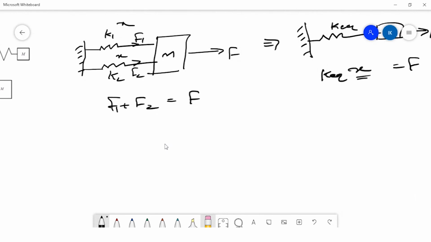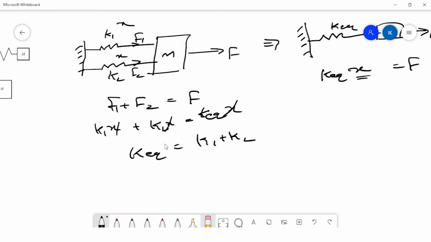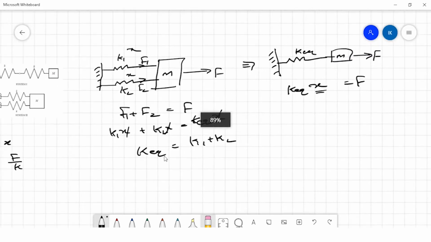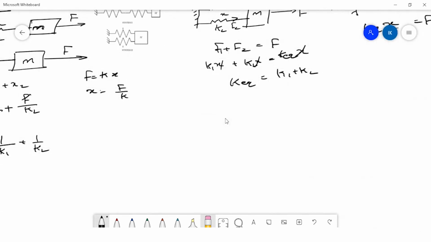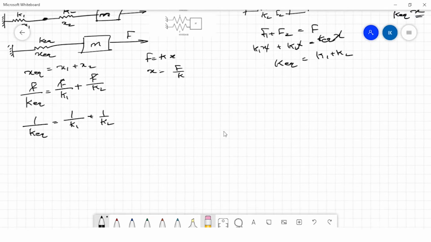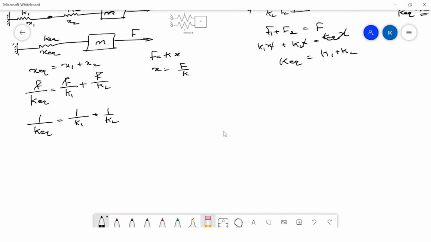Therefore, F1 is K1 into x, F2 is K2 into x, and F is K equivalent into x. Cancelling x, we get K equivalent equal to K1 plus K2. Okay, that's it. Now we'll come back to the question.